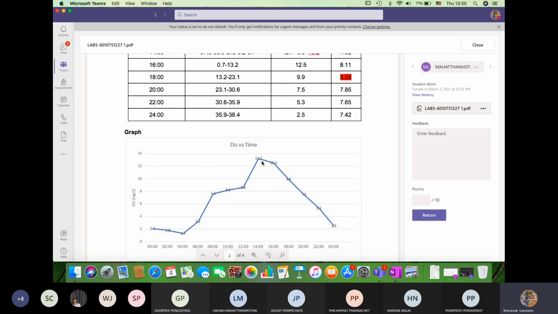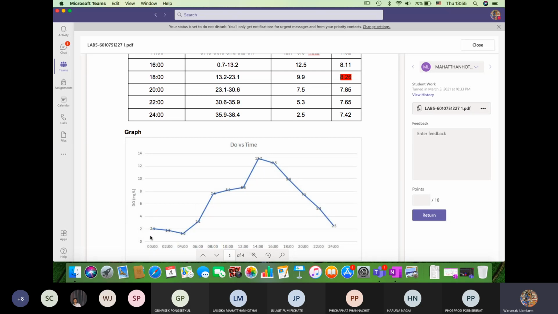This is a supersaturation condition. But during the nighttime, the dissolved oxygen goes down because all the aquatic organisms, both zooplankton, phytoplankton, and other large aquatic organisms, consume the oxygen. Even if we have a lot during the daytime, in the nighttime it's all gone.